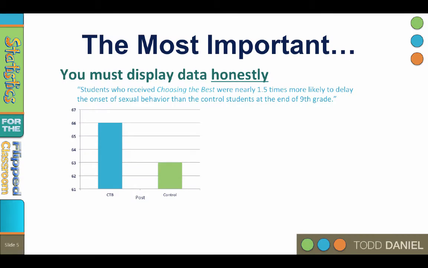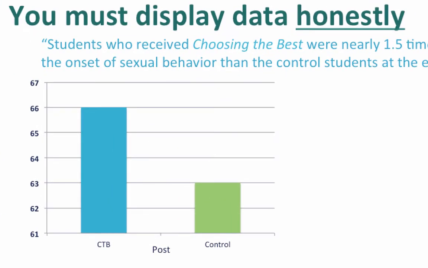When we look at this graph, recreated from their promotional material, we see this impressive difference. Now, more virgins is better, so the success rate for the blue bar program is much greater than for the green bar control group. In fact, the green bar is less than half the size of the blue bar. That looks like a huge difference.